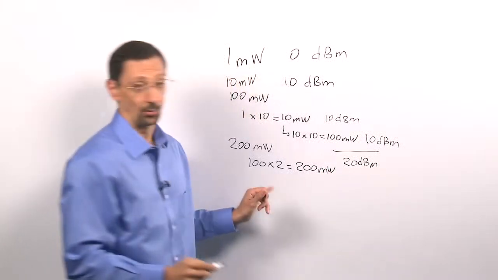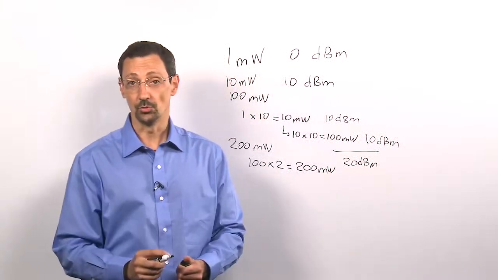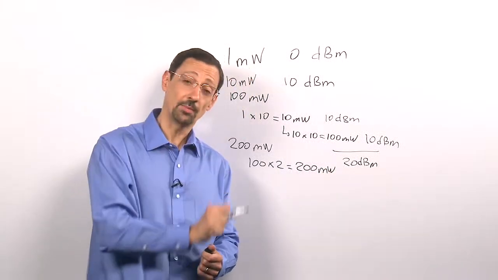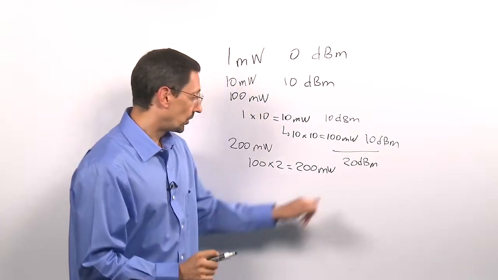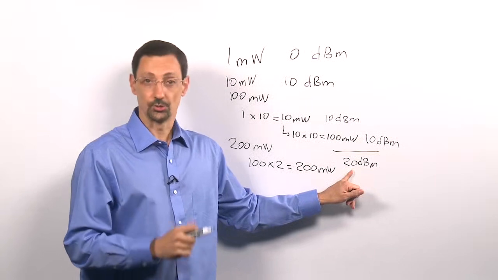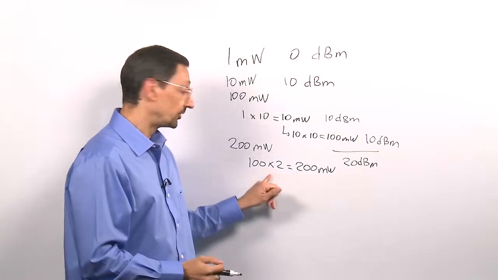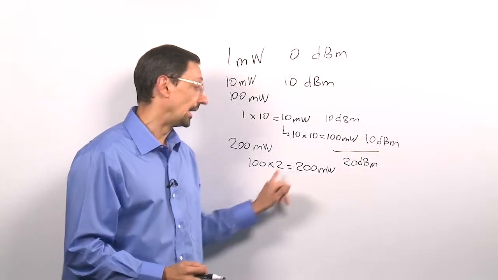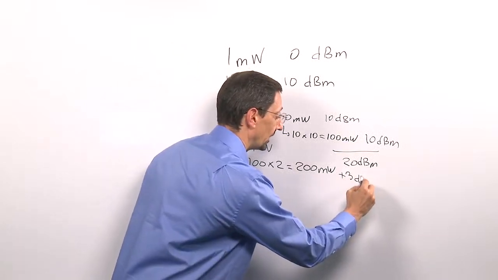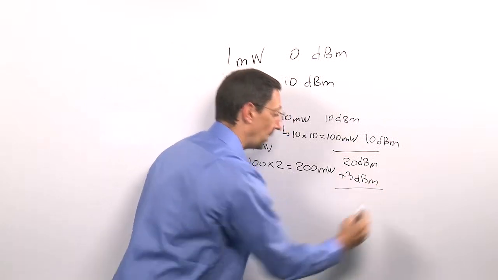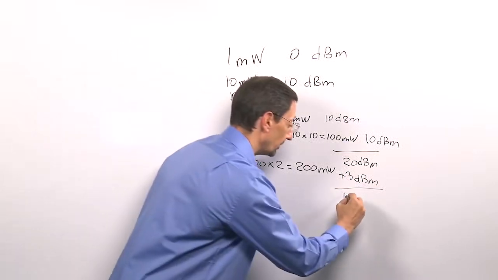So what I do to that 100 is that I multiply it by 2. And you remember, every time I multiply by 2, every time I double, I add 3 dB. So I was already at 100 milliwatt, which is 20 dBm. If I multiply that 100 by 2, I add 3 dB. So that's going to be plus 3 dB. And as you can guess, my result is going to be 23 dBm.